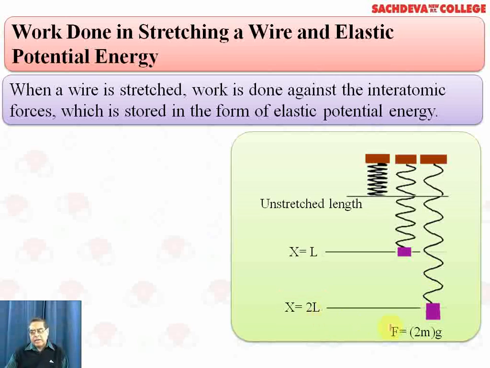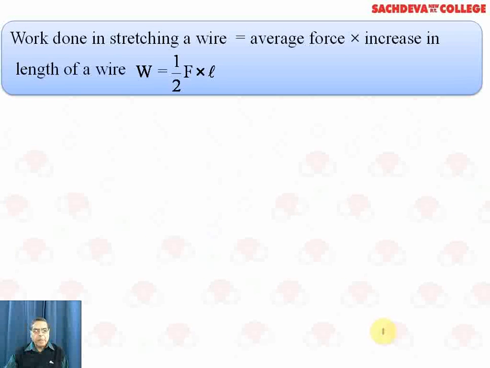So earlier it was unstretched, then we stretched it by suspending the load. The length increases by L, and then we changed the load. It is doubled, and then we will find that it is stretched to 2L.